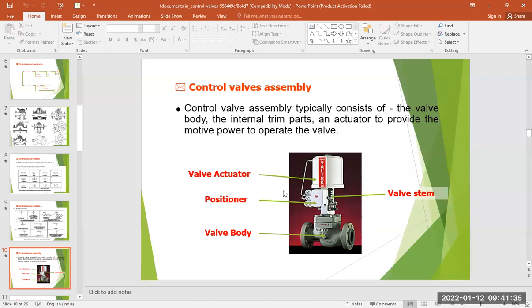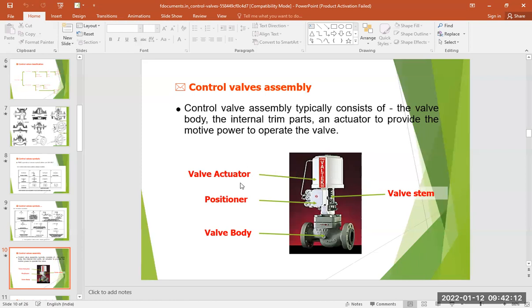I repeat once again, what is a valve actuator? It is a device that produces a motion by converting energy and signals going into the system. This motion is basically of two types, either rotary motion or linear motion.